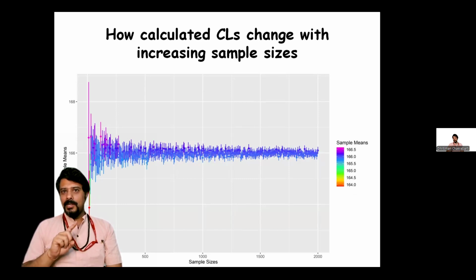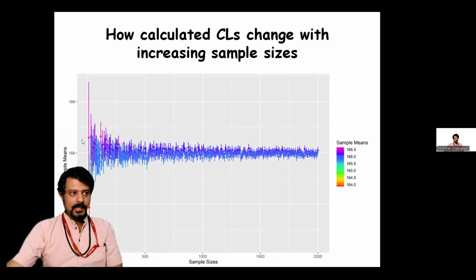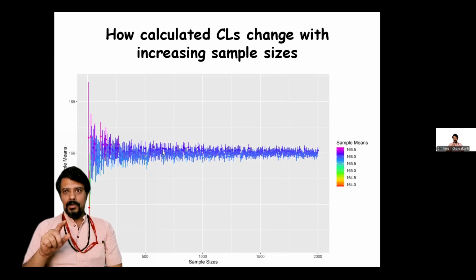So from 5 to 2000, I have steadily increased the number of samples within each of those random samplings that I did. I calculated the mean of all of those. Those means have been depicted as the dots in this graph. And I also calculated confidence limits for each of those estimates, and those are plotted as the bars above and below, the upper confidence limit and lower confidence limit.